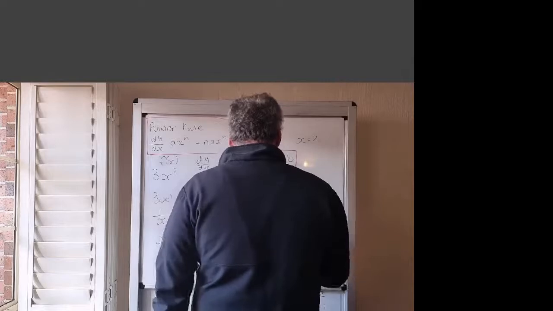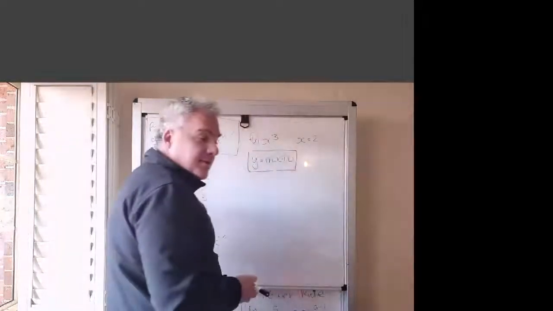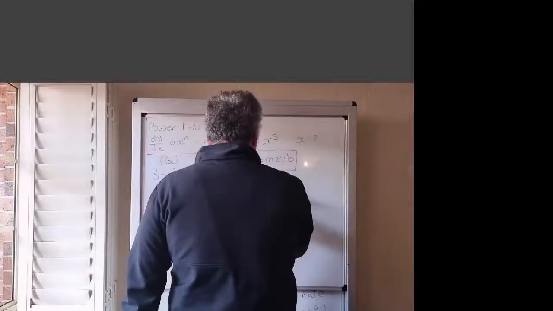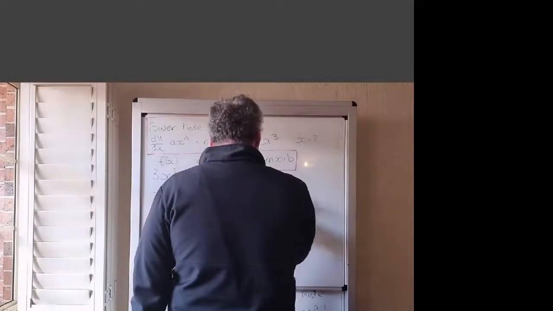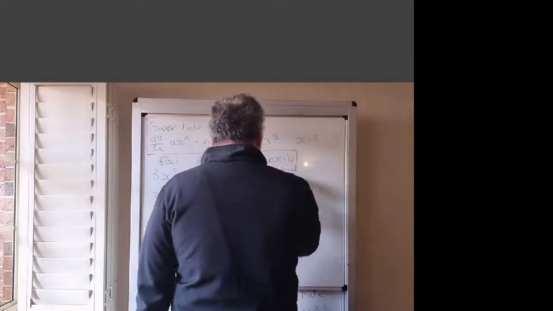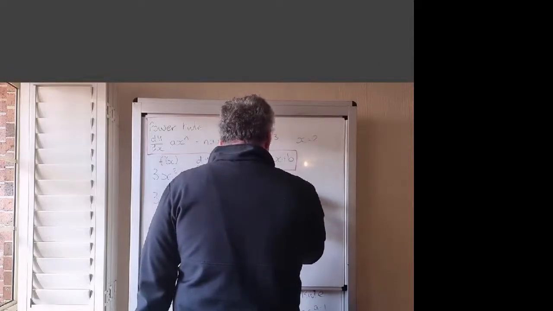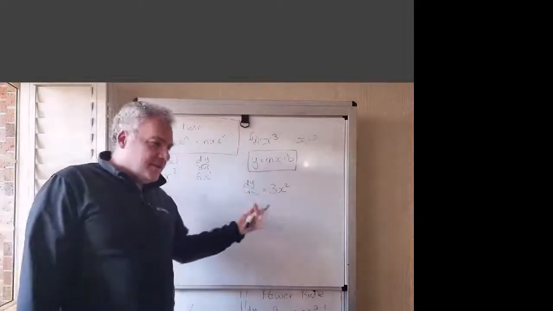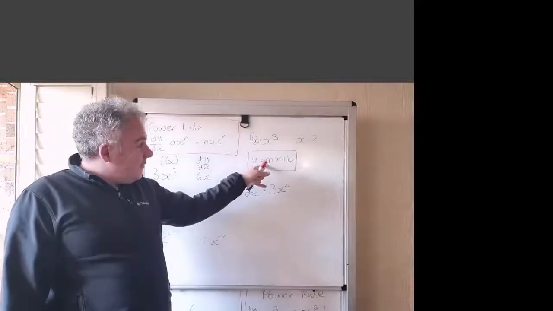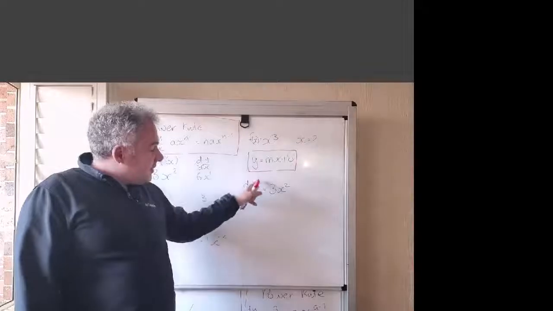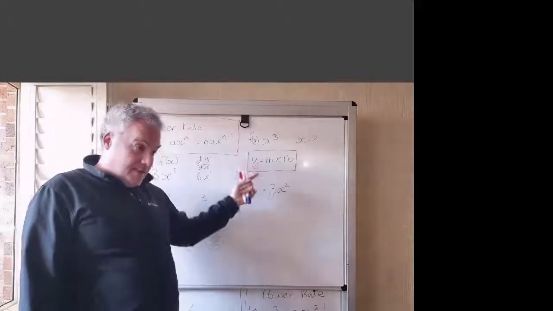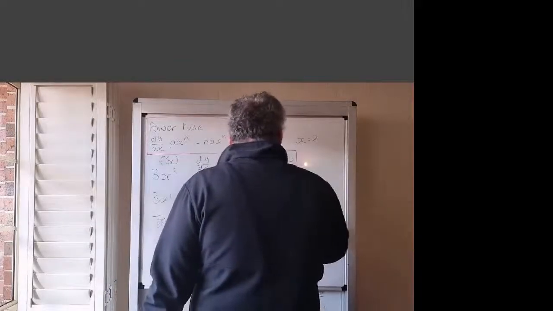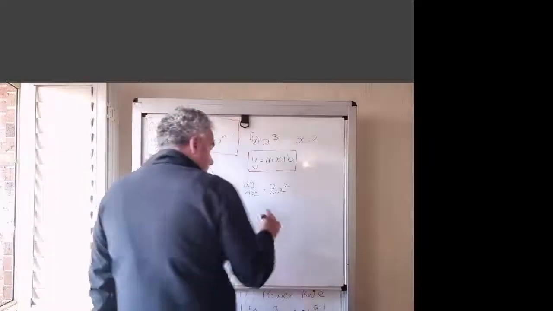Okay, so first job, find the derivative of x cubed, which you can see from the power rule, dy/dx equals 3x squared. Okay, that is our derivative. But we don't have dy/dx in this formula. So we've got to go from dy/dx to an m. Now, m at the point 2 is going to be chucking 2 into this equation, and we'll get m.